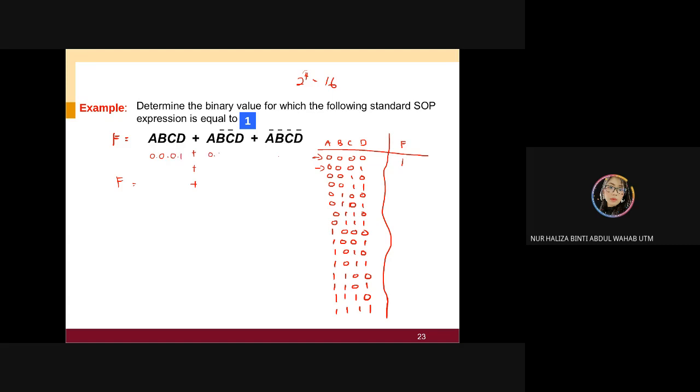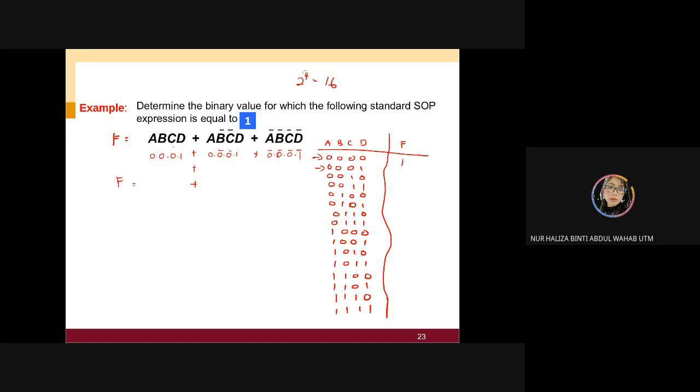Plus A is 0, B is 0, C is 0, D is 1 bar.